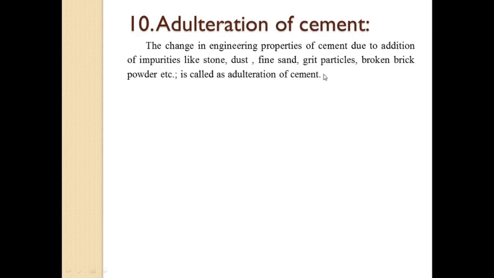Okay. So there are many ways in which adulteration of cement can be done. By mixing fine or powdered fly ash, or by mixing fine silt or very fine stone dust from quarries, then mixing lime powder or old cement which has lost its strength may be adulterated in the cement.